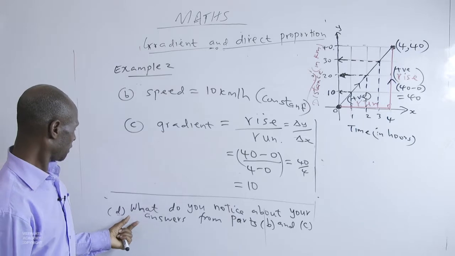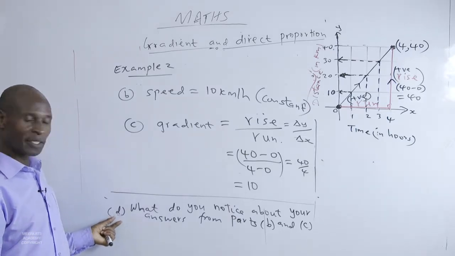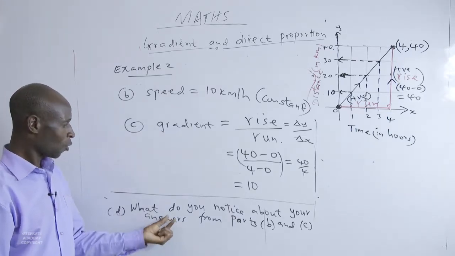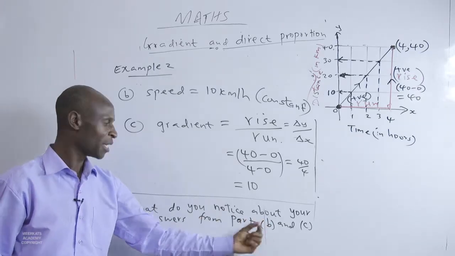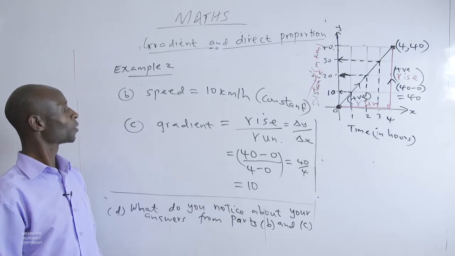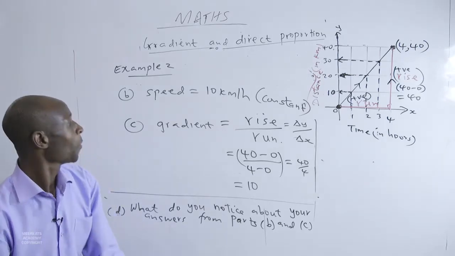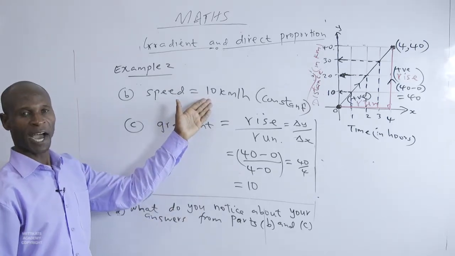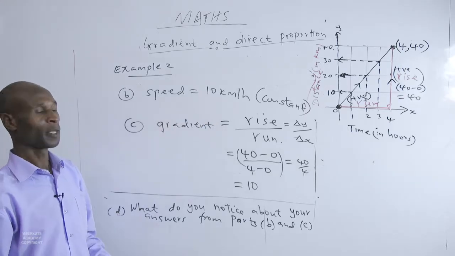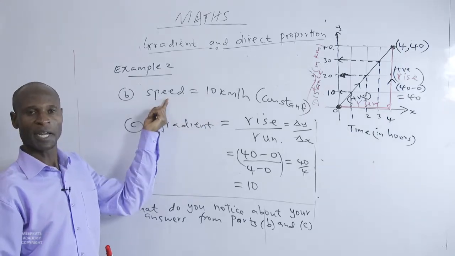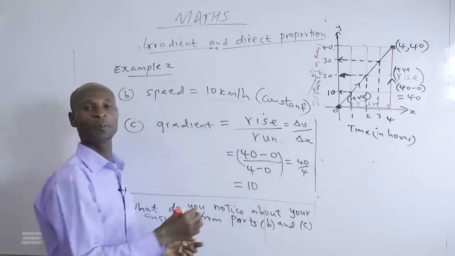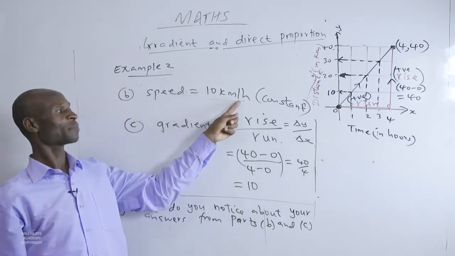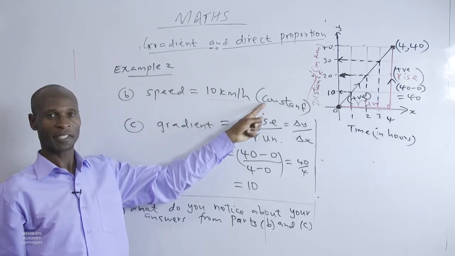We now finalize by looking at the last part of the question. What do you notice about your answers from parts B and C? Looking at what we have already done in part B, the speed, which is the rate of change of distance with the time, has been obtained as 10 kilometers per hour, and it is a constant.